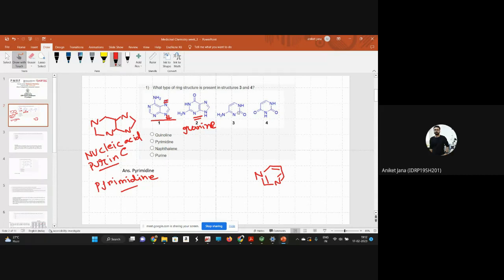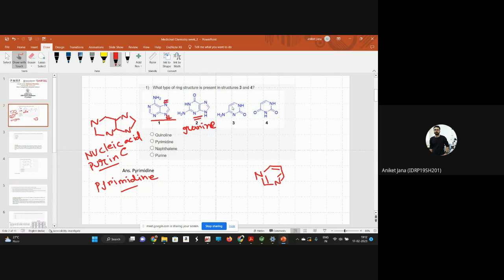There is no double bond here. So how can we say that it is a conjugated structure? The lone pair of nitrogen is also coming into conjugation.